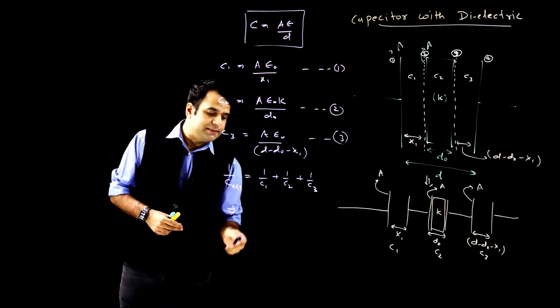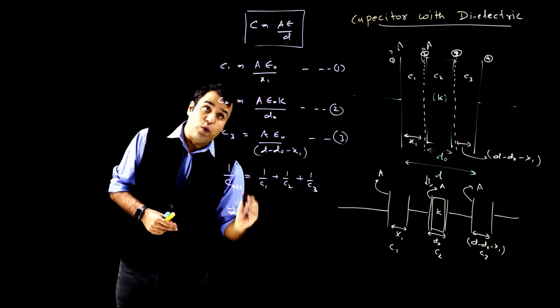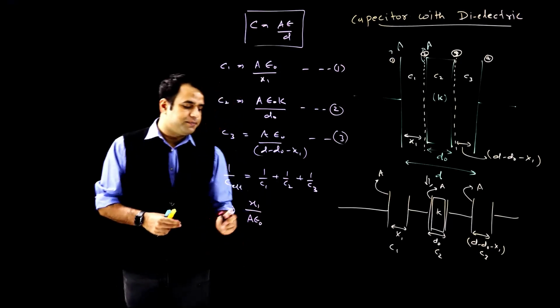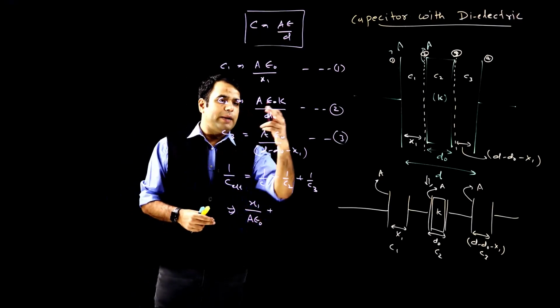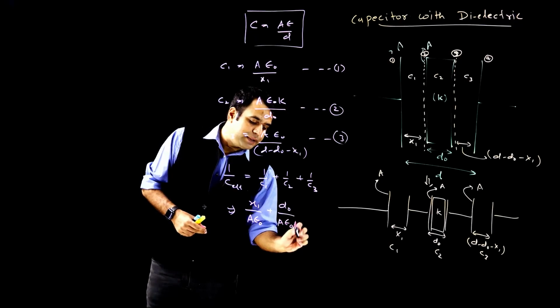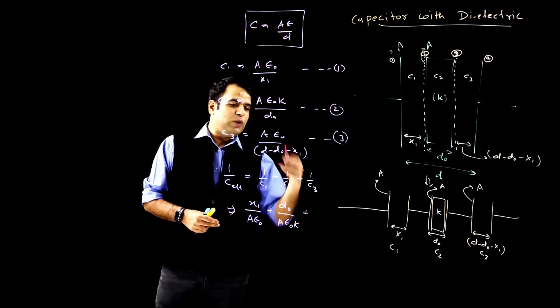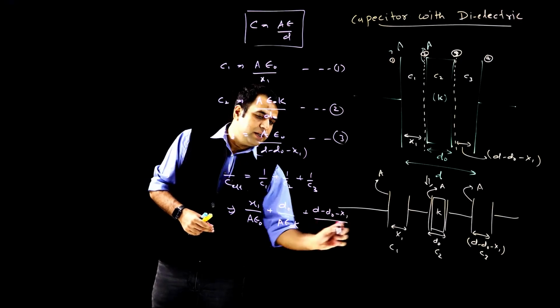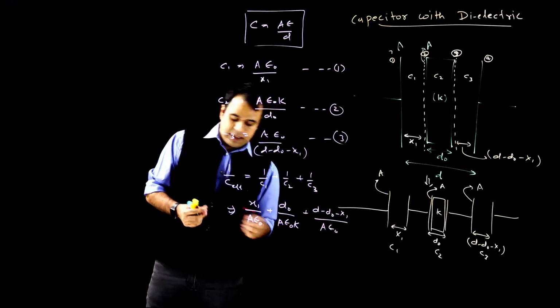So 1 upon C1 will become x1 upon A epsilon naught, plus 1 upon C2 will become D0 upon A epsilon naught times K, and 1 upon C3 will become D minus D0 minus x1 divided by A epsilon naught.